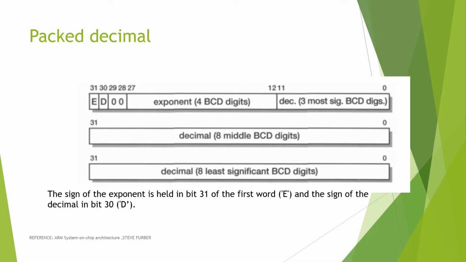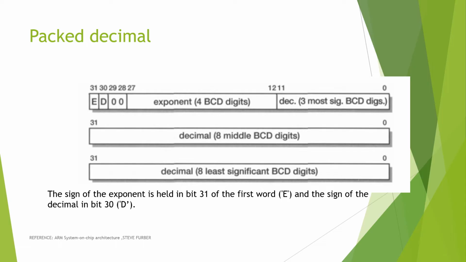This is how you have the packed decimal format, in which you make use of binary coded decimals. Now we can see, E represents the sign of the exponent, shown in the 31st bit, of the first word.